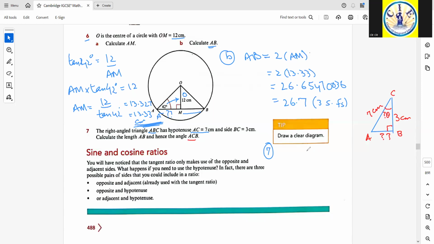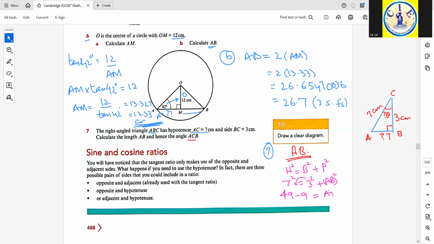Okay, in the first part we need to calculate the length of the side AB. For that we can use the Pythagoras theorem. Hypotenuse squared equals base squared plus perpendicular squared. So this is going to be 7 squared equals 3 squared plus AB squared. So this is 49 minus 9, because when I shift this 3 to this side, the square of 3 is 9.